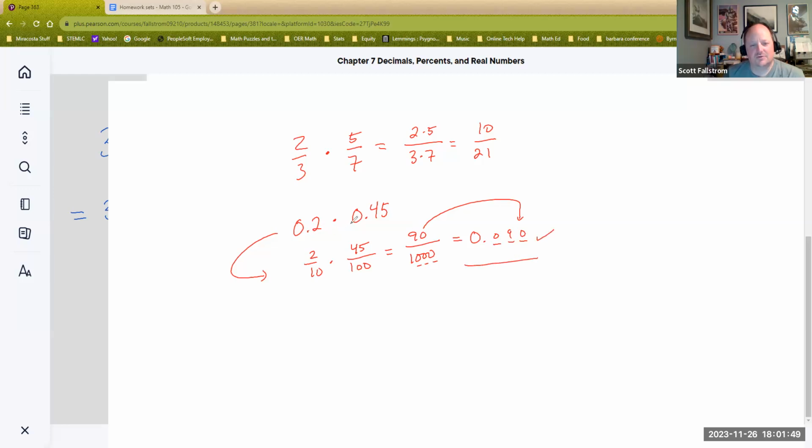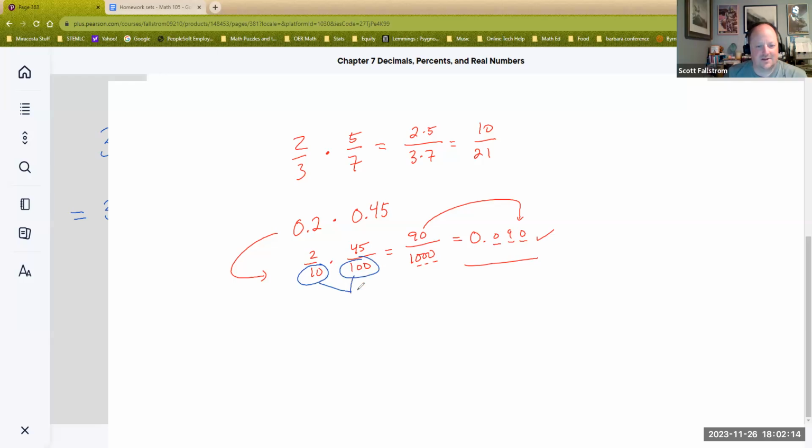So 0.2 times 0.45 gives you 0.090, not 0.90. It's tempting to say 2 times 45 is 90, and then I got my decimals. Okay. We're not lining up the decimal places here because that's not what the multiplication looks like. However, if you take a look at the denominator, it turns out to be 10 times 100.